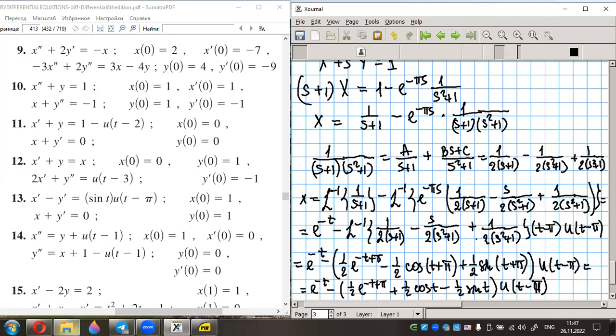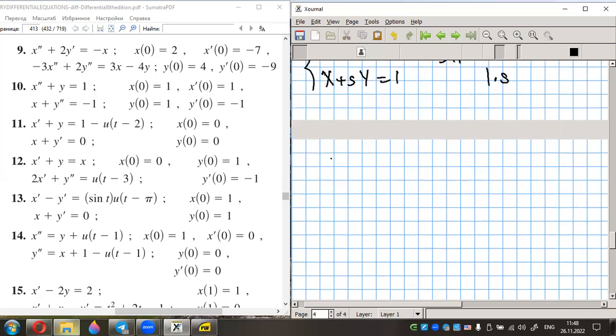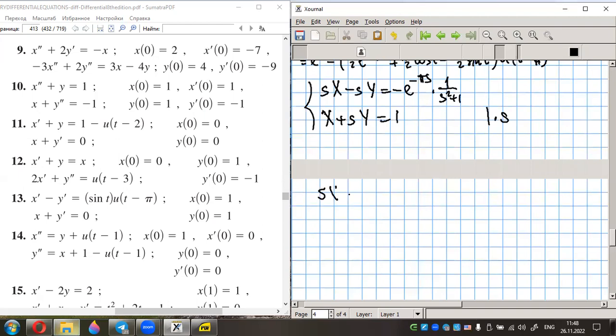We found only x, and now we must find y. Let me rewrite this system. Minus e to the minus pi s times 1 over s squared plus 1 equals sX minus sY. Here I multiply by s and I obtain sX minus sY equals minus e to the minus pi s over s squared plus 1. And the second one is sX plus s squared Y equals s.